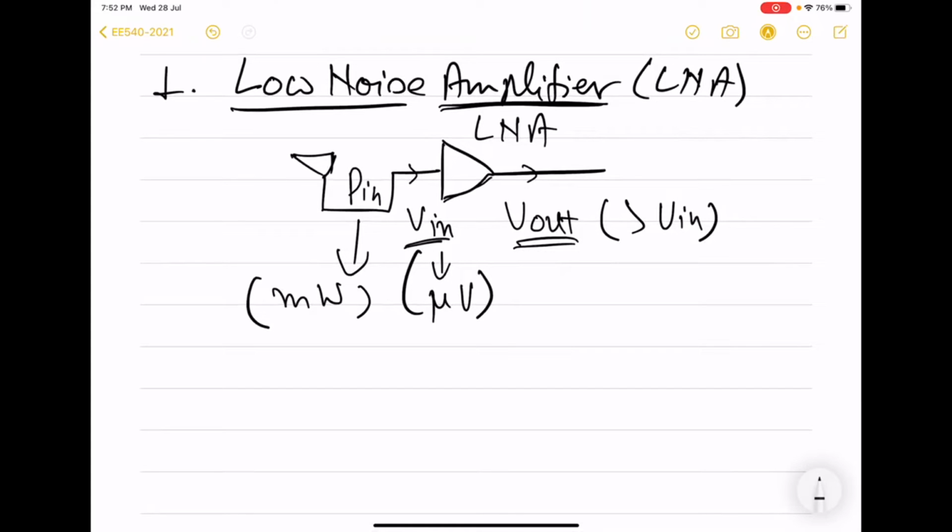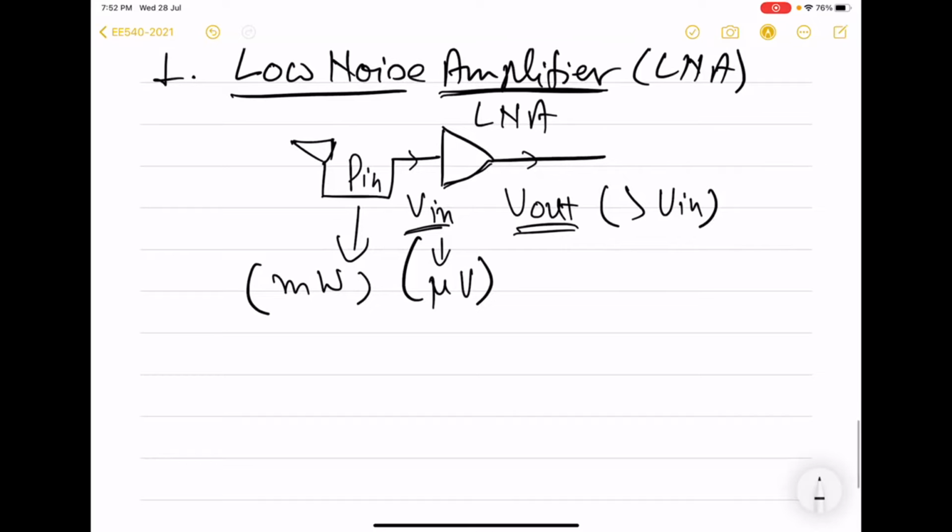And when we analyze this circuit in this lecture, we will see that we will pay a lot of attention to this property of the amplifier. So fundamentally, the nature of the amplifier that we will discuss in this LNA are not going to be different from the amplifiers that we have already studied in analog integrated circuits. But here we will be paying more attention to the noise behavior of the amplifier.